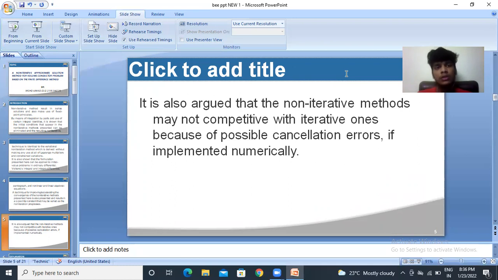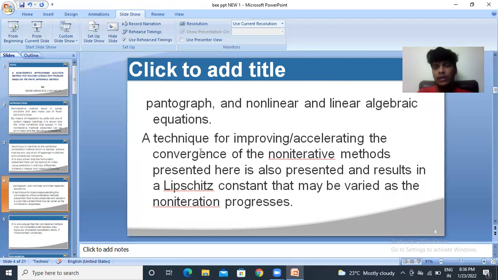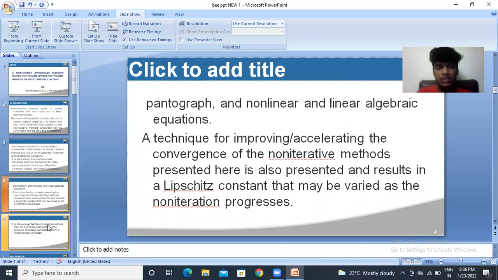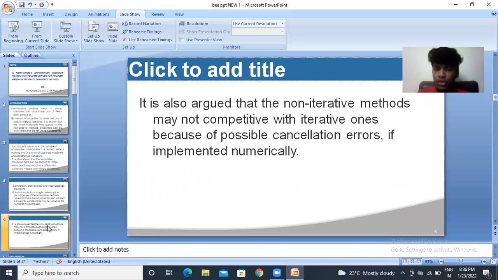The methods I mentioned before, integration by parts, integral identities, pantograph, non-linear, linear algebraic, Volterra's integral and integral differential, are not used for the iterative ones. So the methods for the non-iterative and the iterative ones are completely different because of possible cancellation errors.